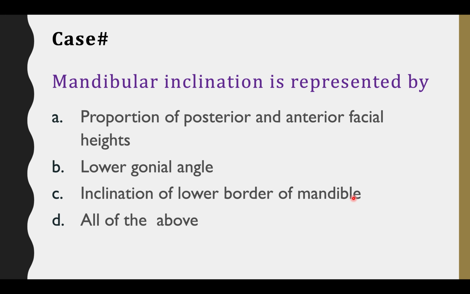Inclination of lower border of the mandible, yes, basing on this the mandibular plane angle we can give. So the mandibular inclination is represented by all of the above. Jarabak ratio will also show you the vertical pattern. So we can easily understand whether the mandible is growing in a downward direction or a forward direction. So the answer for this is all of the above.